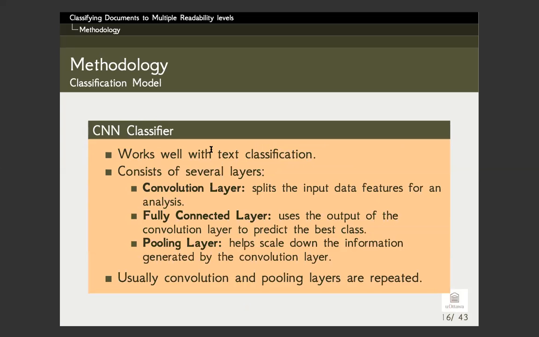The CNN classifier works well with text classification. It consists of several layers: convolution layer, fully connected layer, and pooling layer, and usually convolution and pooling layers are used repeatedly in the model.